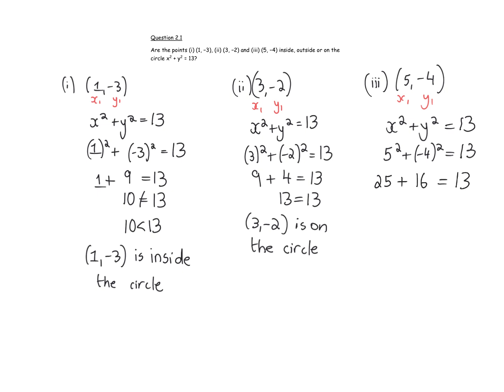So 25 plus 16 gives us an answer of 41. And as we know, that's not equal to 13. 41 is greater than 13. And because it's greater than, we know that the point (5, -4) is outside the circle.